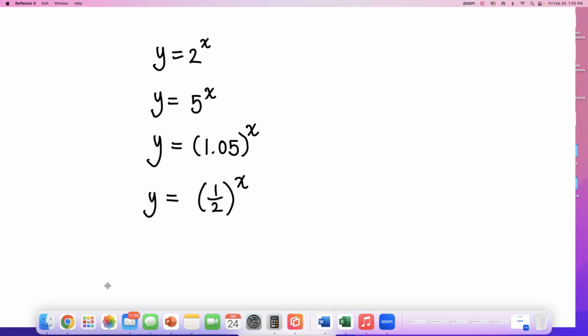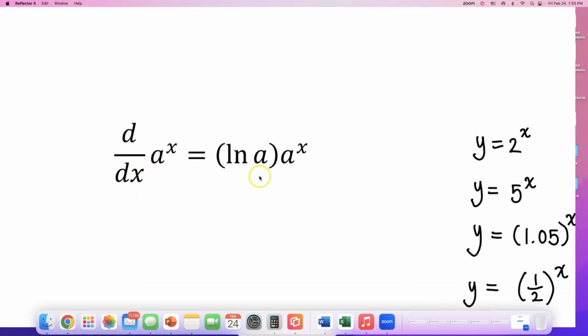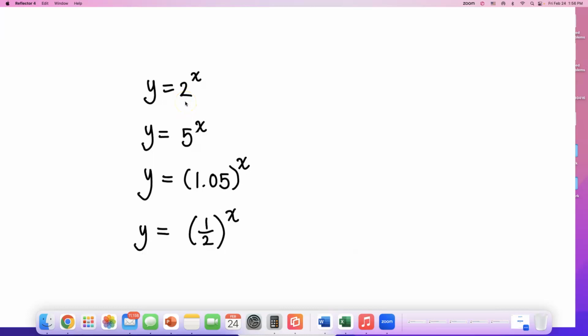If you work with functions like this and you're trying to find the derivative, we are using this theorem, this formula right here. I'll show you a couple examples in this video. The derivative of the first function, 2 to the x, will be natural log of 2 times 2 to the x.